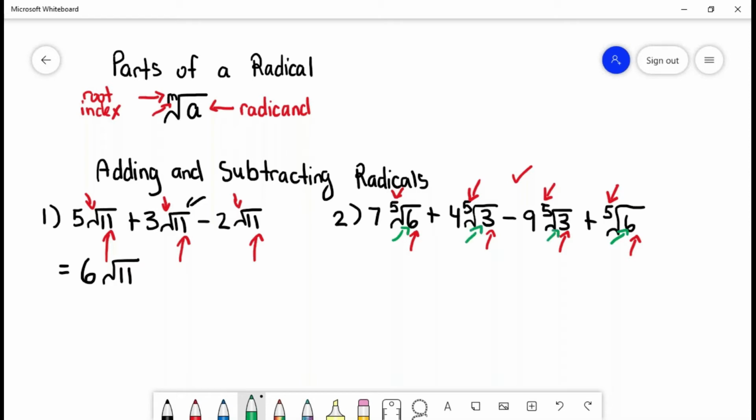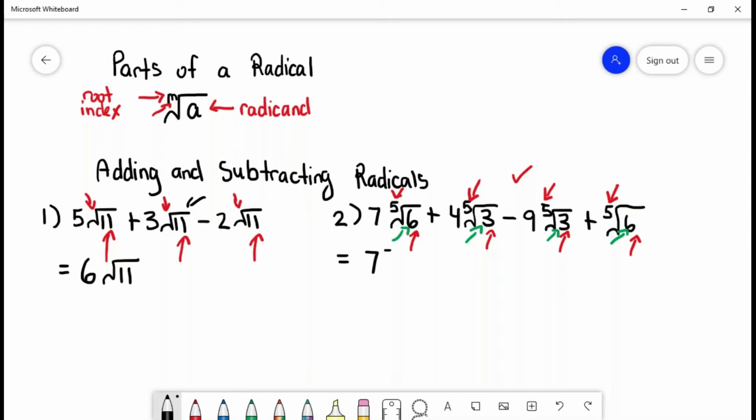So just as you would if there were x and y variables when combining like variables, we can actually combine like terms in this case. We have 2 terms that have the same root index as well as radicands, and another 2 terms that also have the same root index as well as radicands. So we can just combine those like terms.